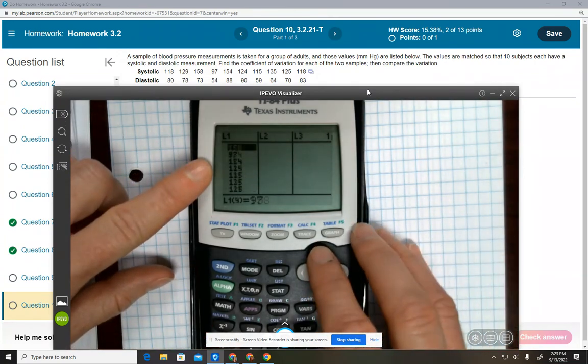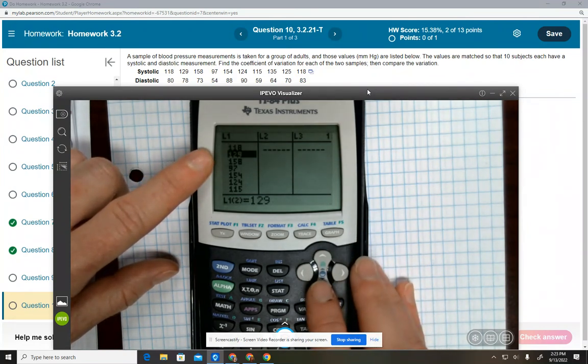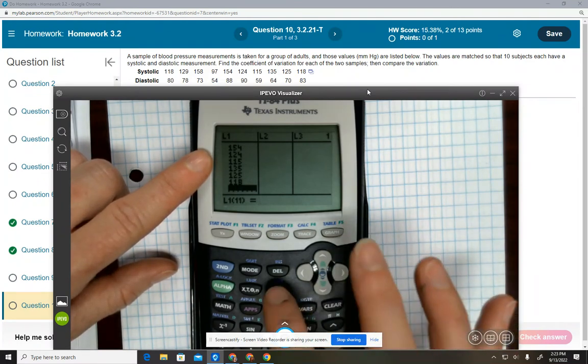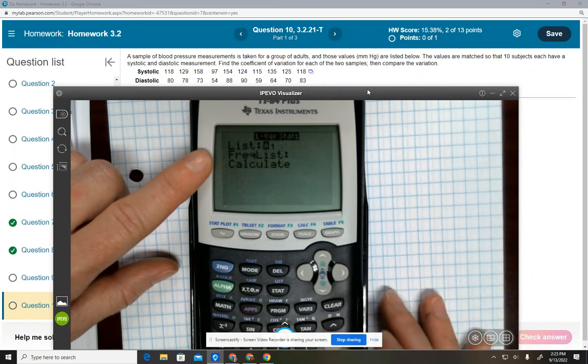So I need to make sure I did it correctly. Okay, so I found all the values. So now I'm going to go back to stat, over to calc, one var stat.